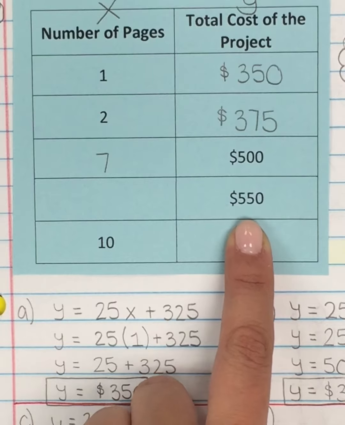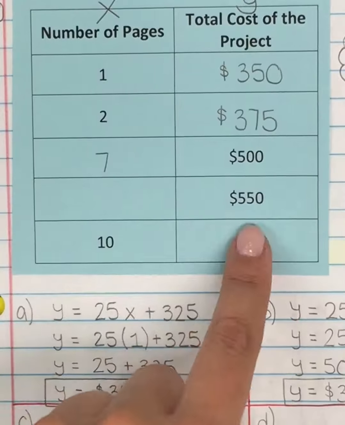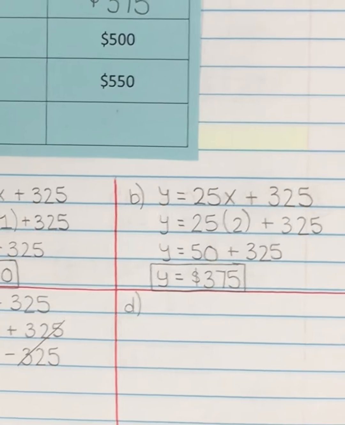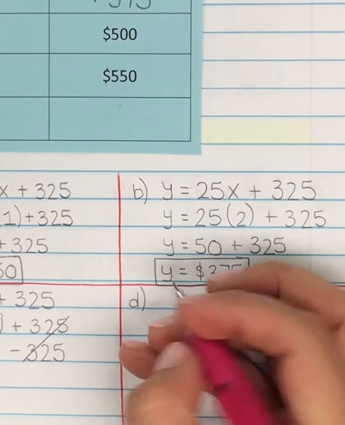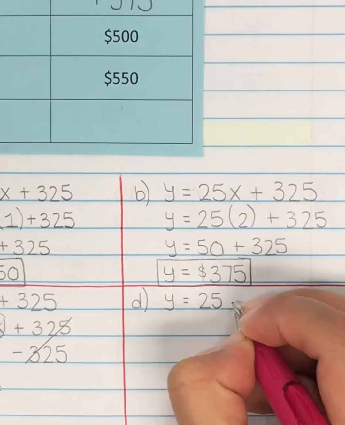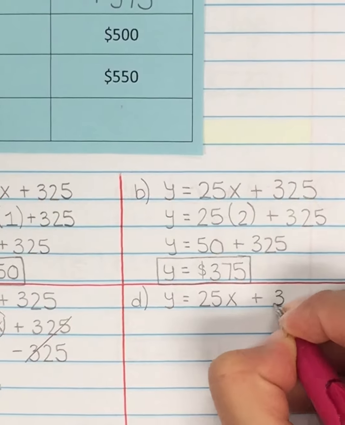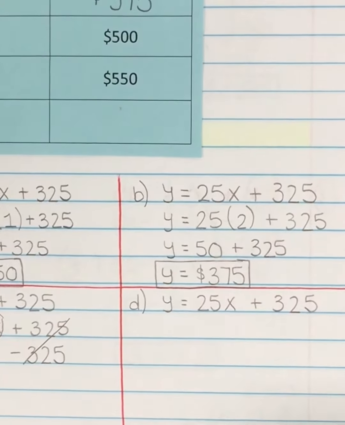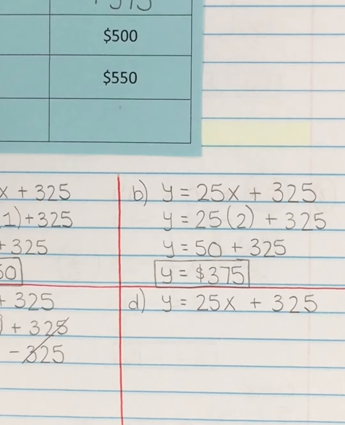X or Y? Y, because it's under the Y. Okay. First thing we write down, though, every single time is the equation. The equation does not change. Go ahead and substitute the $550 in for Y.